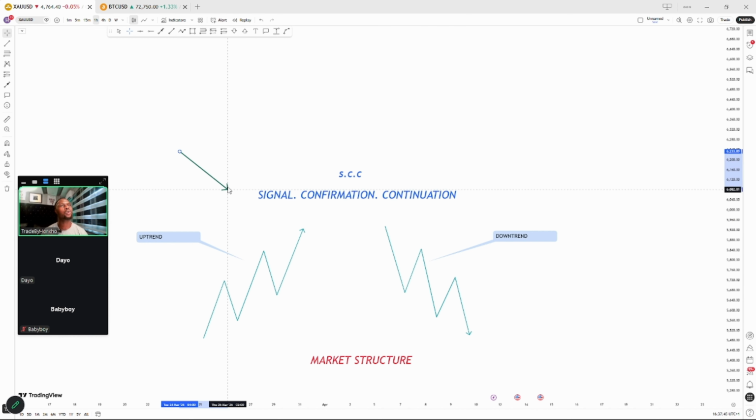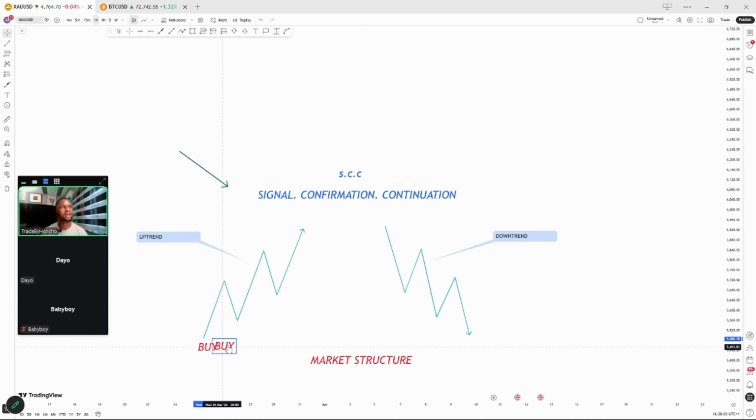So if the market is going up, which is this uptrend right here, you want to be buying the market. You don't want to sell the market. You are going to lose money. So what you want to be doing is buying this market.